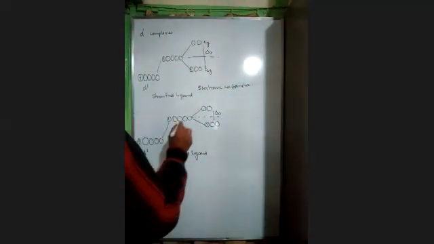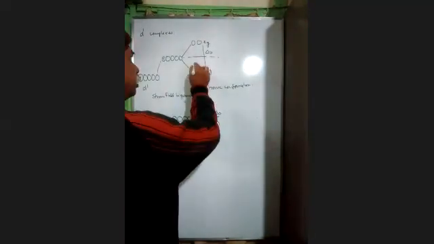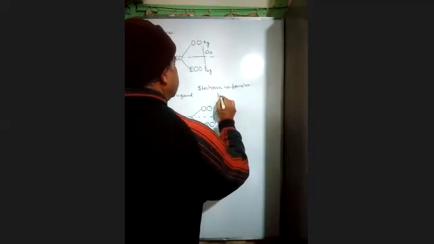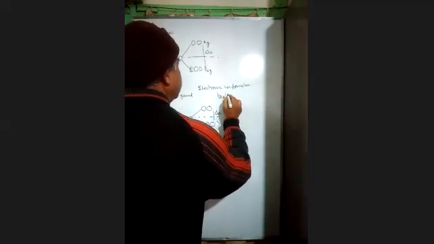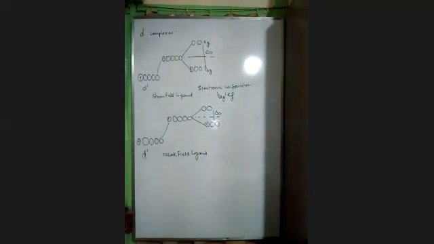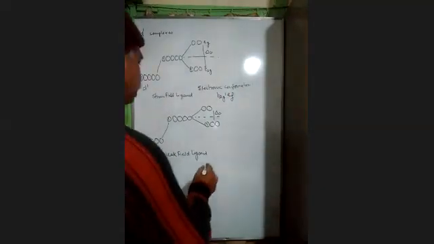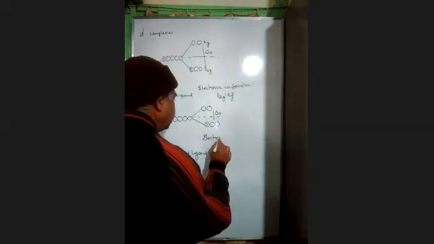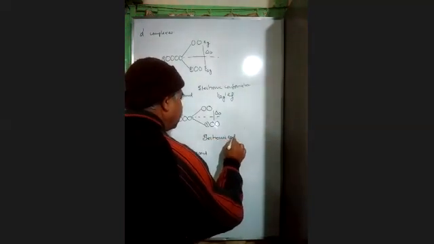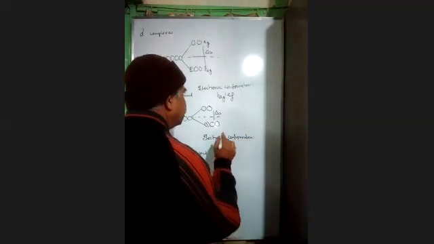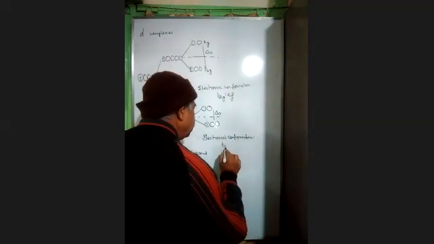In this case, what is the electronic configuration? Please remember, electronic configuration of this complex is T2G1 and EG0. We write like this. Here also, the electronic configuration is T2G1 EG0.